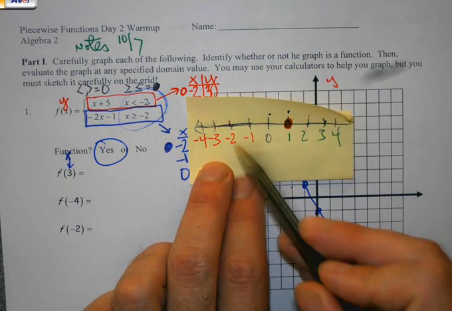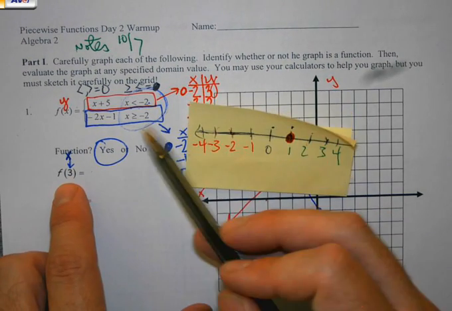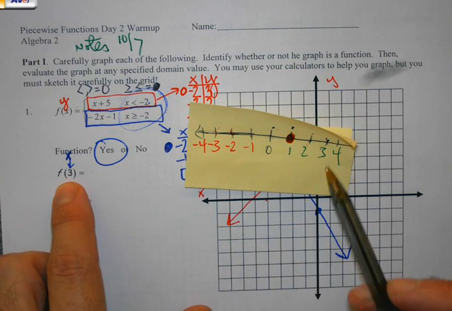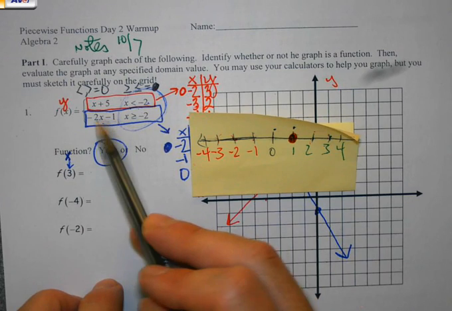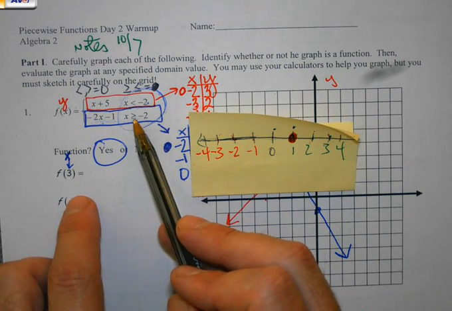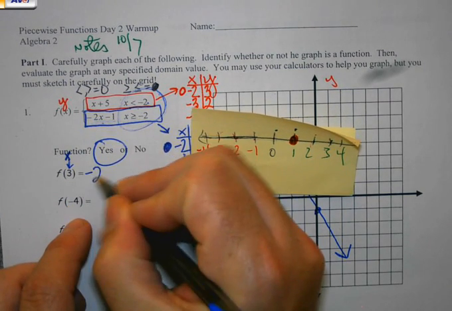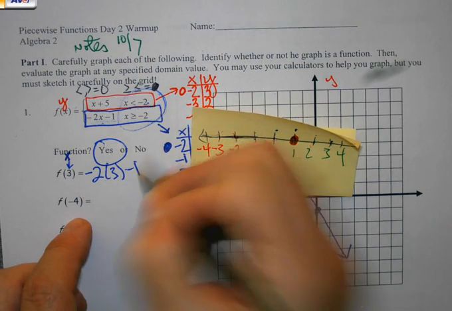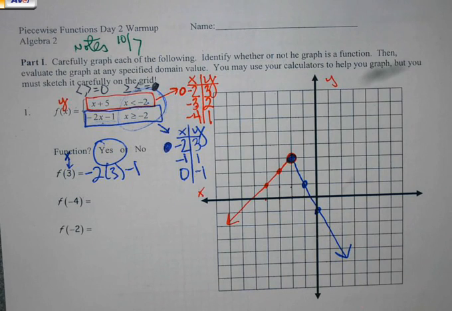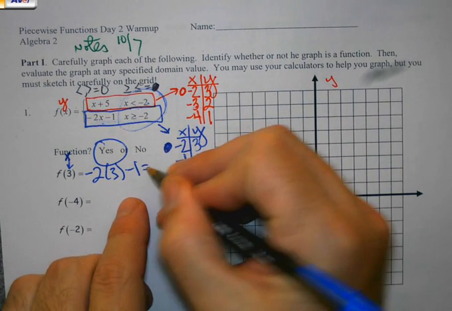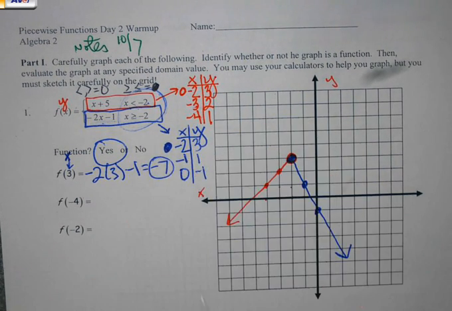Is 3 less than... No. Is 3 greater than -2? Yeah. So we swing back to that expression where this is true and plug it in. Now again, I still want to know the answer, so either I use my calculator or my brain here, and I get that answer out.